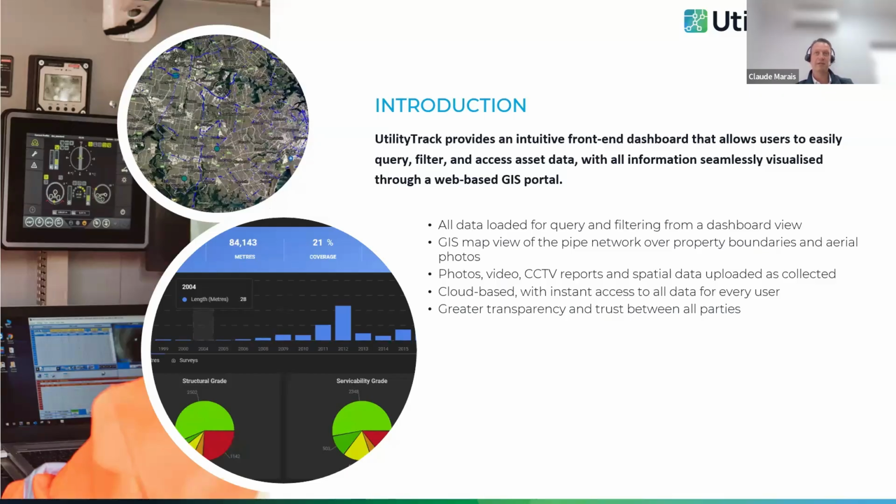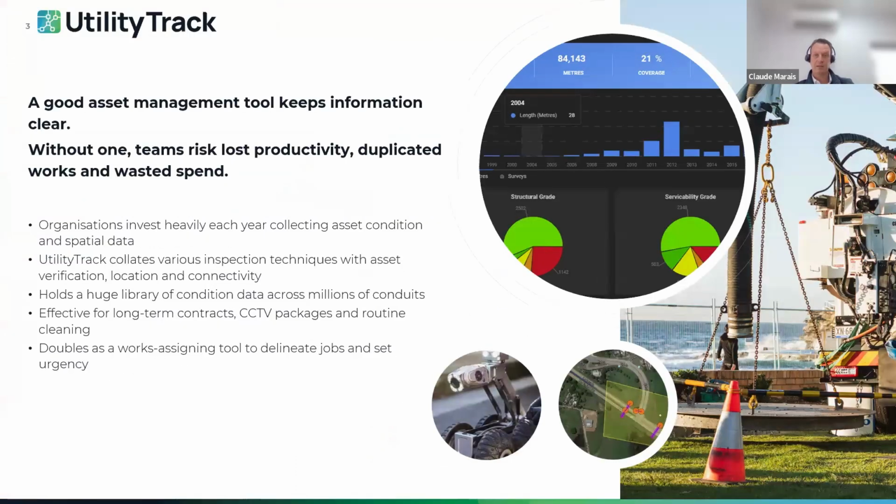So basically, all of the data being captured in the field is easily accessible, and we are able to showcase, streamline and visualize that on a GIS-type platform. Utility Track is an asset management tool that collates and keeps information clear and structured, which in turn saves valuable time looking for various inspection data and prevents duplication of works, which is quite crucial.